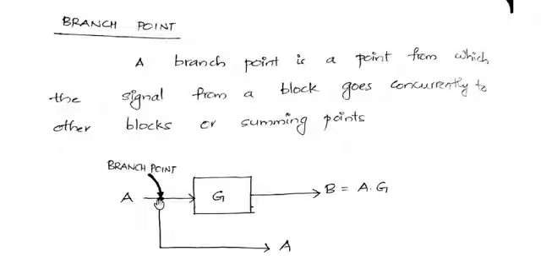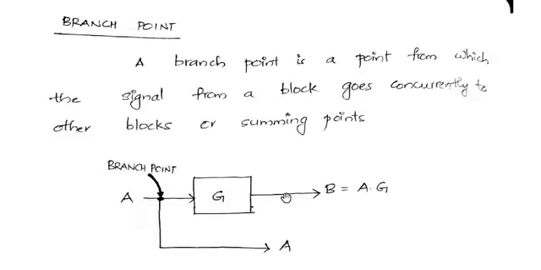Suppose instead of this branch point, I am taking a branch point from this point. I am fixing a branch point at the output of this G block. Then what would be the signal that flows through that particular branch?